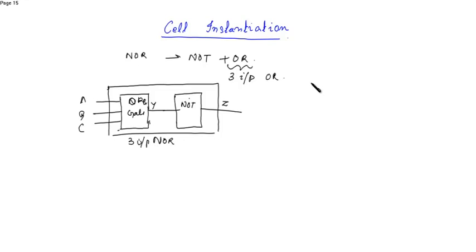So if you have these two cells, 3 input OR and NOT, you have done the layout, then you can call the command getcell in Magic, then the cell name, and then if you type X, you can see the inner layout. So we can also follow the process of cell instantiation in order to draw the layout of a NOR gate.